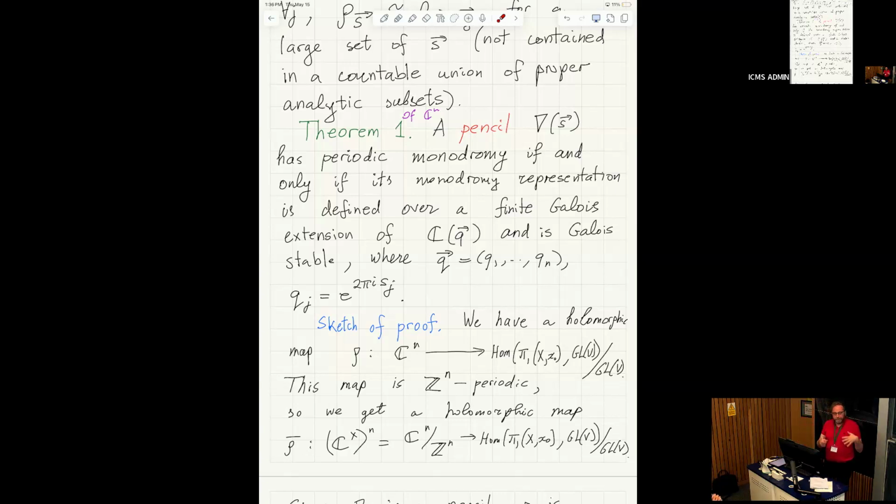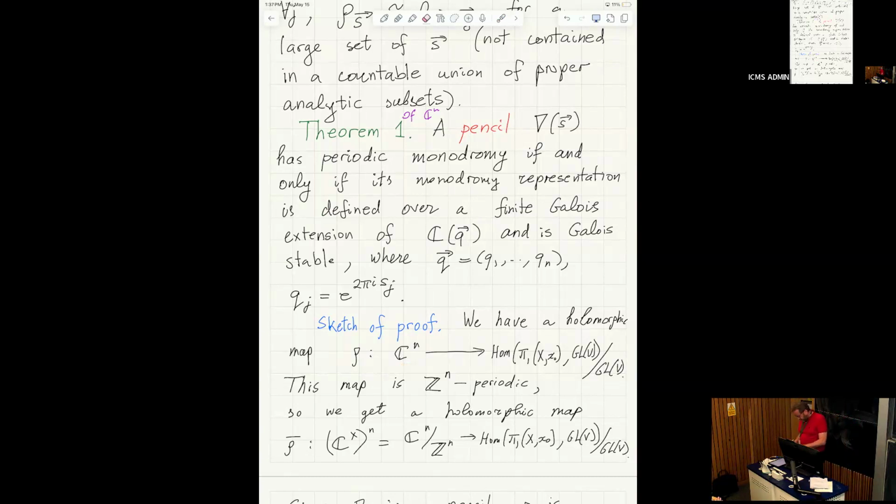It will be some analytic function of s, but it will not in general depend on e to the 2 pi i s, and in fact, it won't be a rational function in any sense. So you won't be able to compute it in elementary terms in any basis.